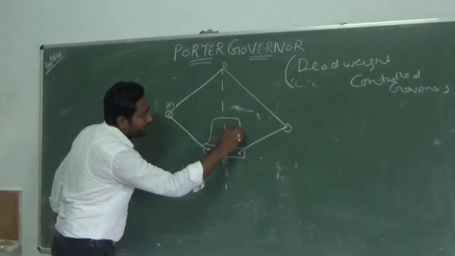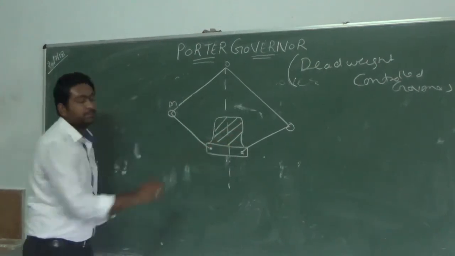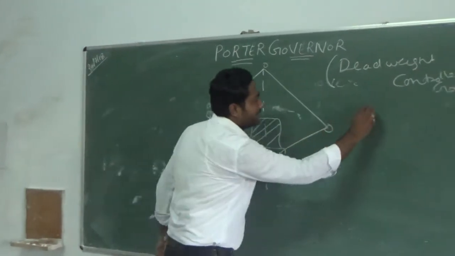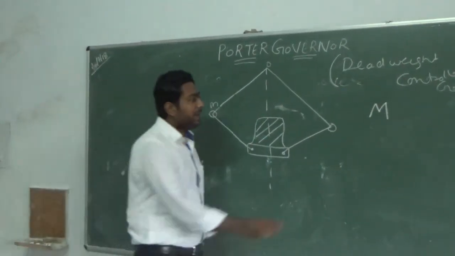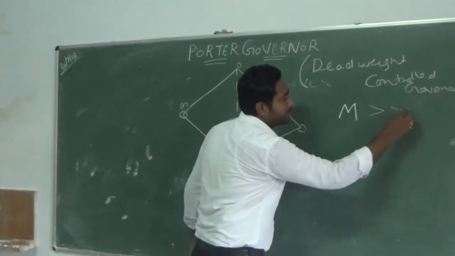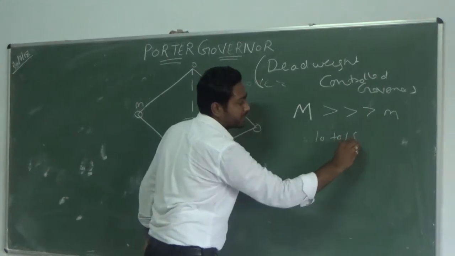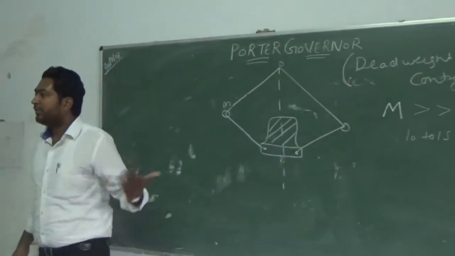Next, some weight on the sleeve in Porter governor. Weight has some mass which is capital M, much greater than small m, 10 to 15 times.